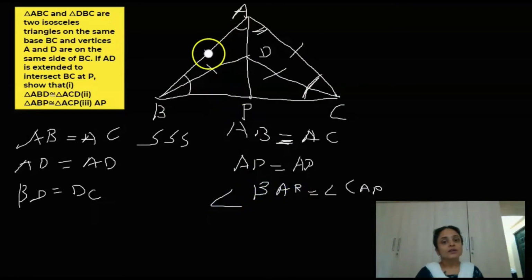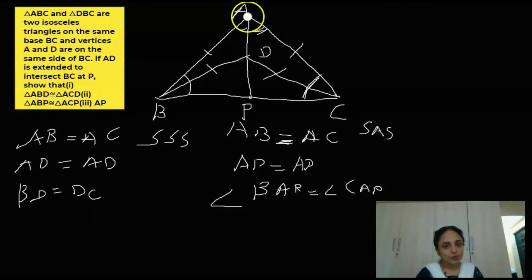So we got these two sides which are equal and the angle in between those sides which is equal. So this satisfies the SAS rule. So from this we can say that triangle ABP is congruent to triangle ACP. So we have proved the second part also.